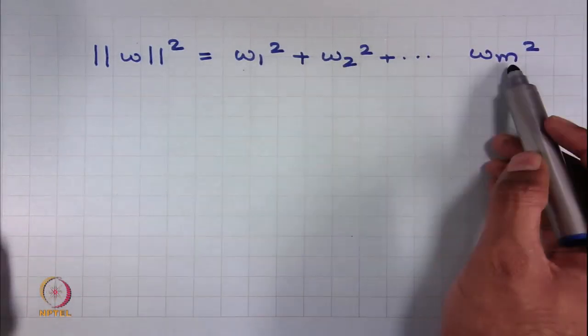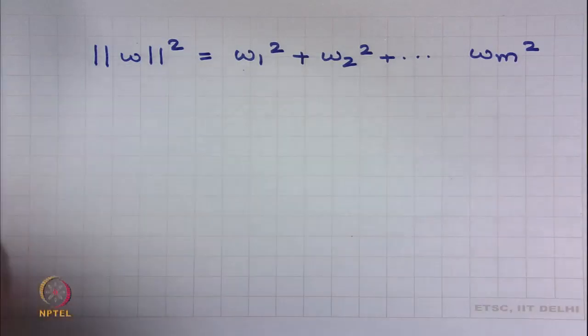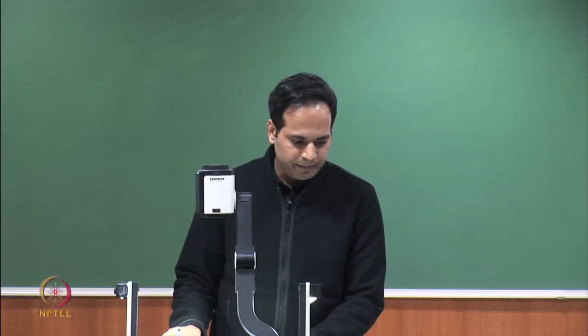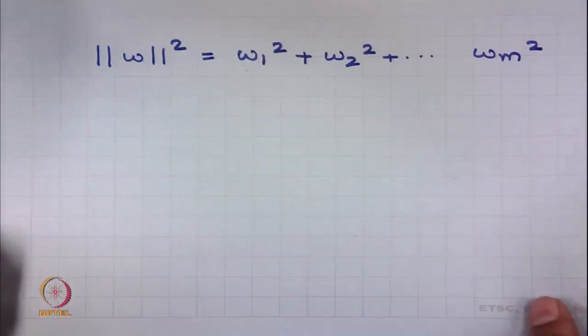W1, W2 and Wm are nothing but the elements of vector W. Okay. So, this is how we can think about norm square of a vector. So, this is what we have seen in the last lecture.